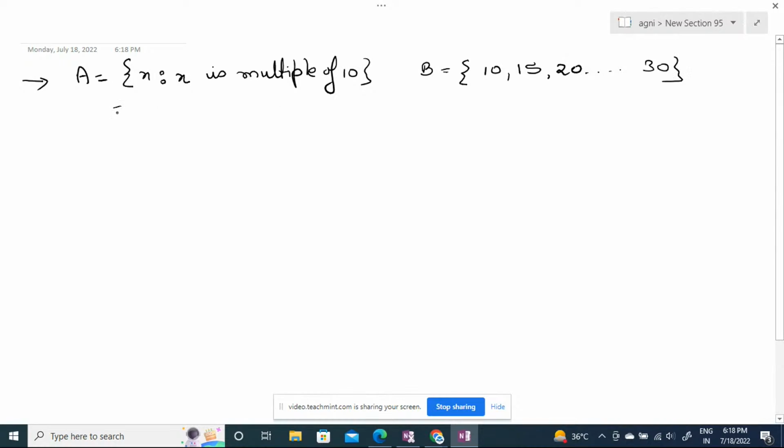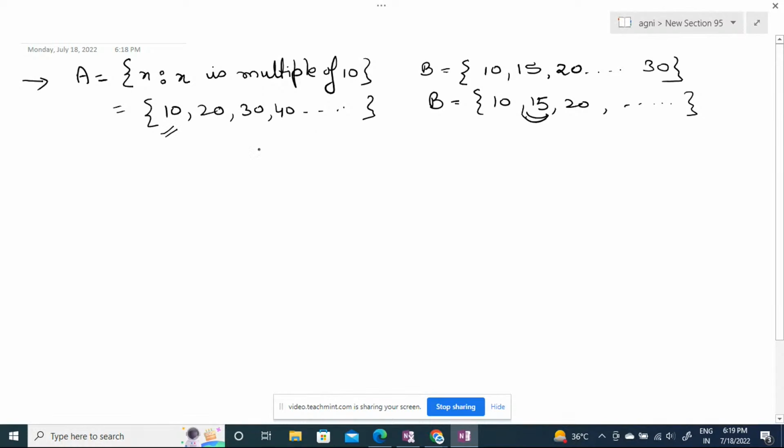Now in set A, it means multiples of 10. That means we have only 10, 20, 30, 40, and so on. But here in set B, we have 10, 15, 20, and so on, up to 30. Now here some extra elements are there. 15, which is not present in A. So A is not equal to B.